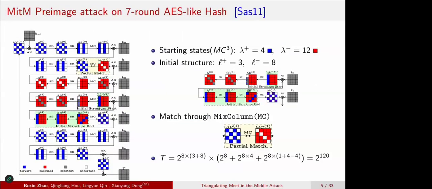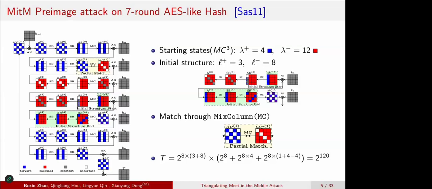Here is an example of a meet-in-the-middle preimage attack on a 7-round AES-like hash function. The starting states have 4 forward neutral words and 12 backward neutral words, while the initial structure has 3 forward constraints and 8 backward constraints.